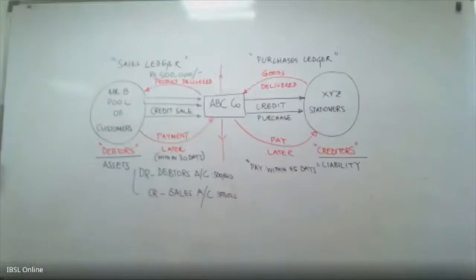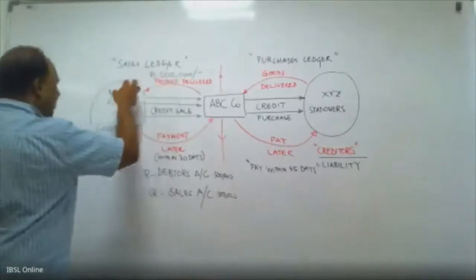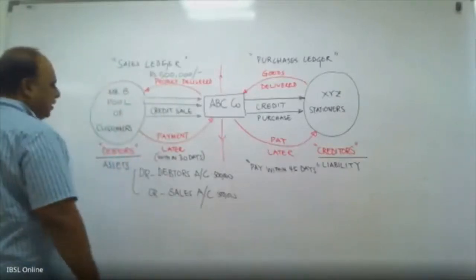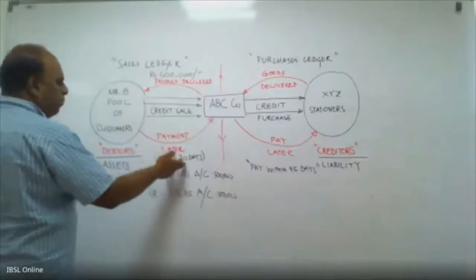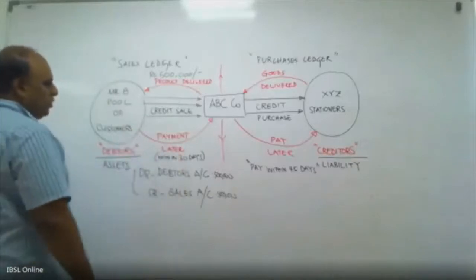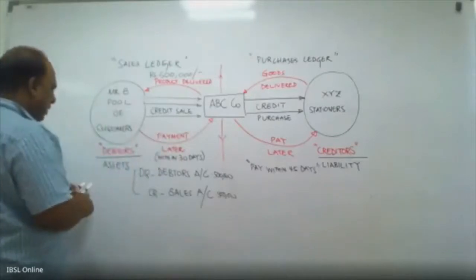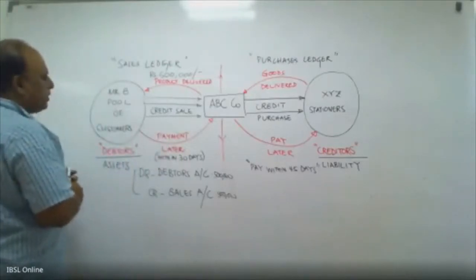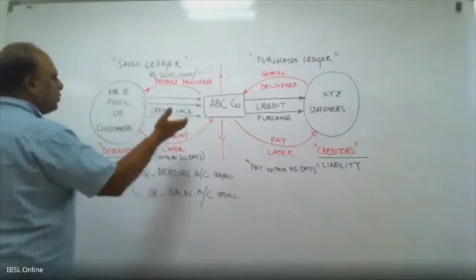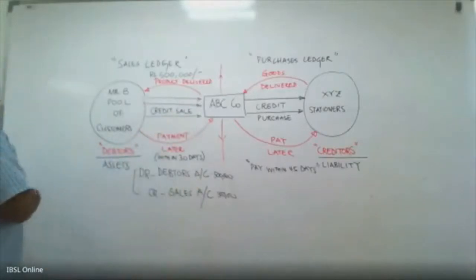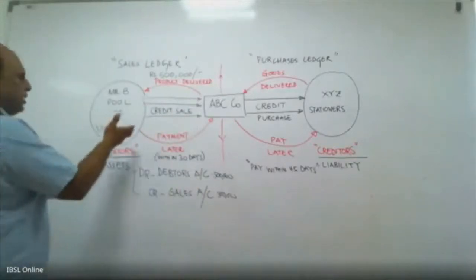Now this is the sales that you have done. Now out of these 500,000 worth products that you have sold to Mr. B, you have given a credit period of 30 days. So he is coming somewhere on the 25th. This person, Mr. B, is coming with some products saying that those toys are damaged.